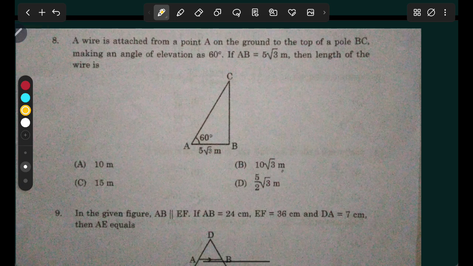A wire is attached from a point A on the ground to the top of a pole BC, making an angle of elevation of 60 degree.